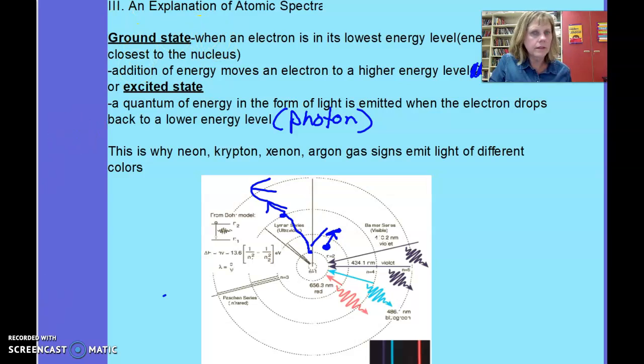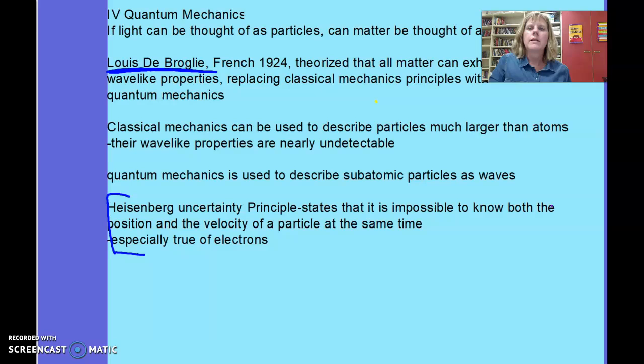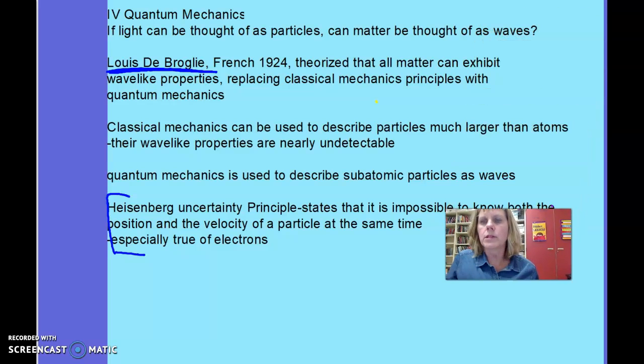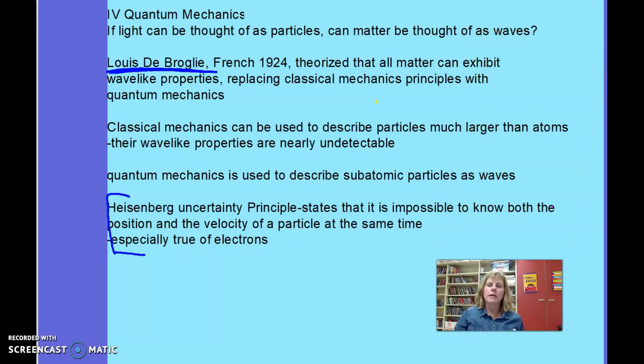And then Heisenberg's uncertainty principle, just because, and I know we don't talk a lot about that. It's one of those really fundamental things that you just hear over and over again, certainly in physics and also in chemistry when we talk about electrons.